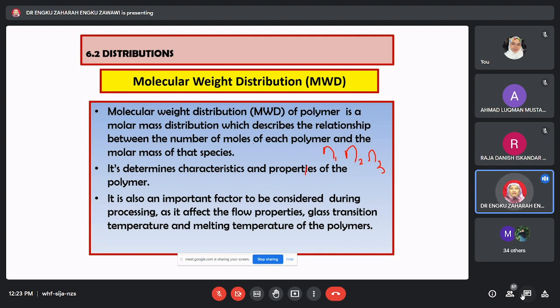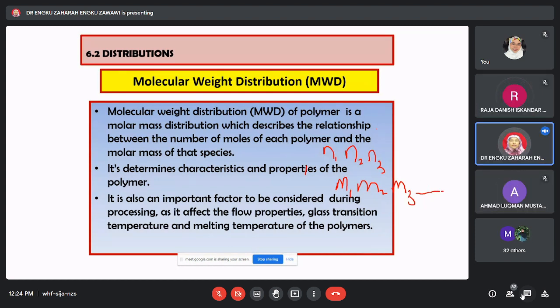So the number of moles for each polymer and the molar mass. The mass is normally represented by M, so we have molecule 1, M1, M2, M3 and so on. It has a relationship with the number of molecules, N1, N2, N3 and so on.